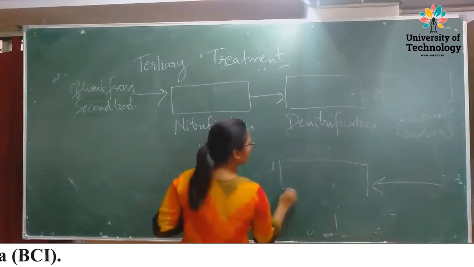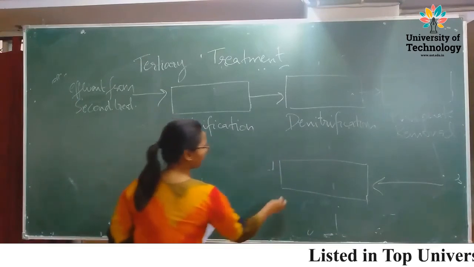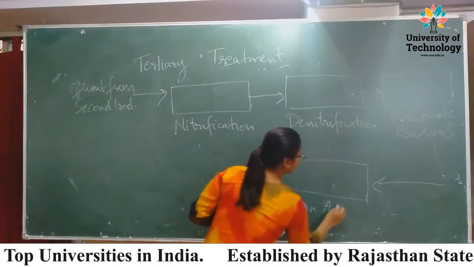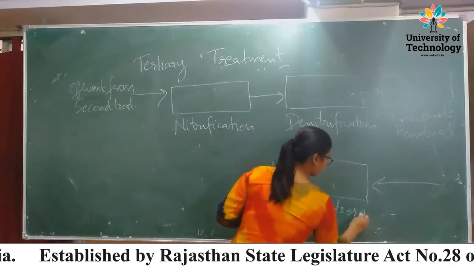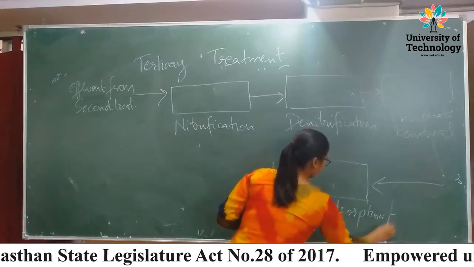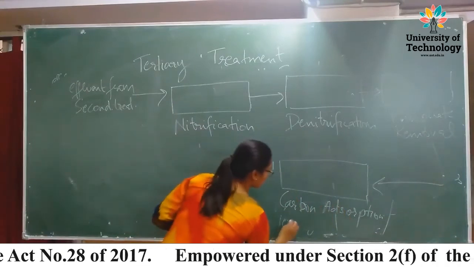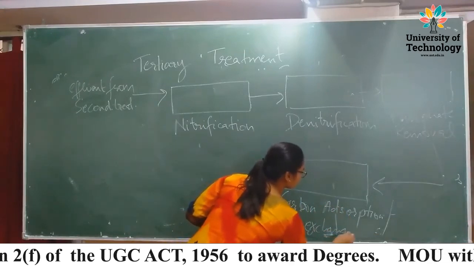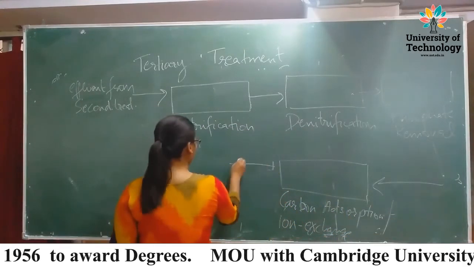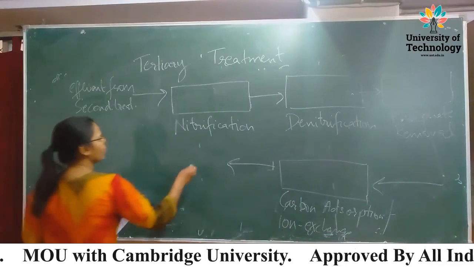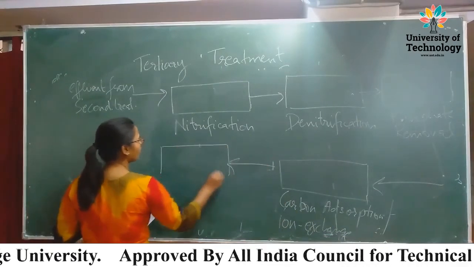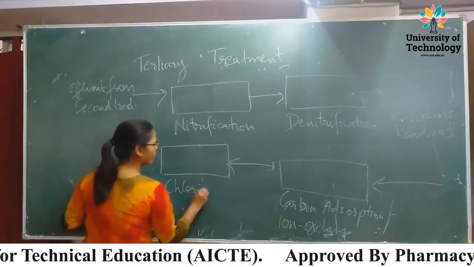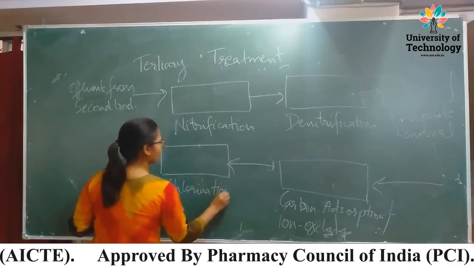Next, a unit for carbon adsorption or the ion exchange method. Basically, it's an ion exchange process. Last, we add chlorination. So, a unit called chlorination, where we add chlorine. In raw water also, chlorination is the major step.